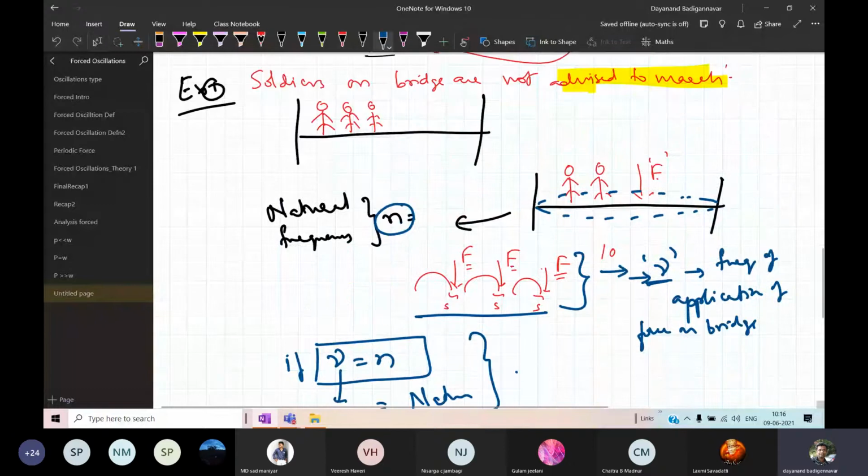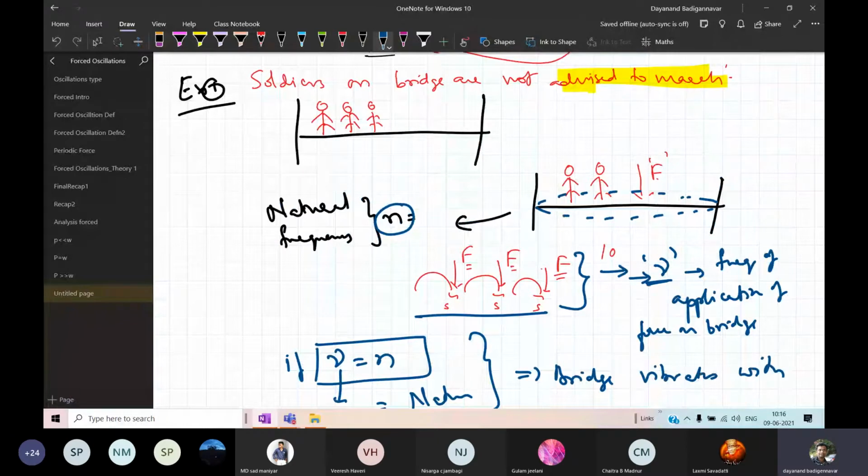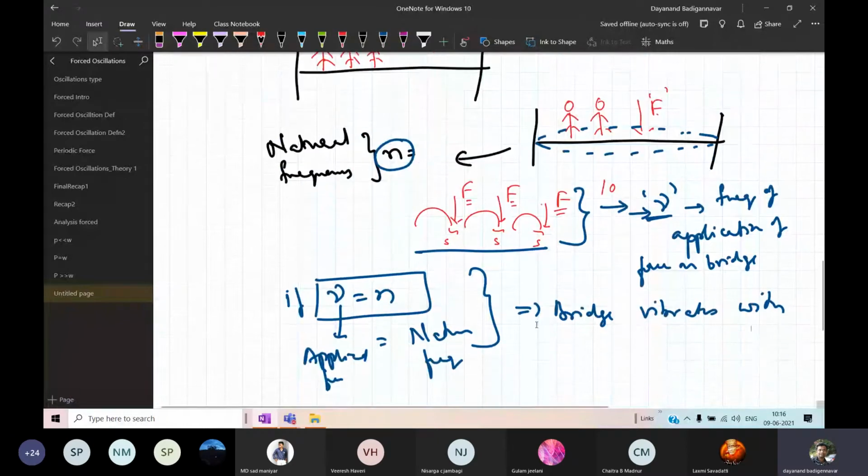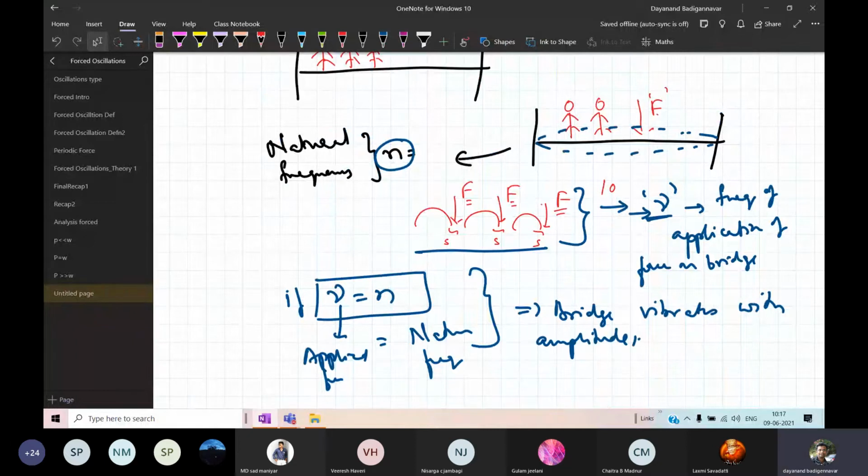Therefore, at this condition the bridge vibrates with large amplitude. Got it?